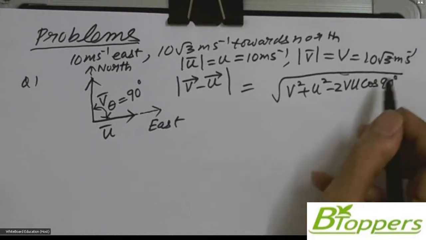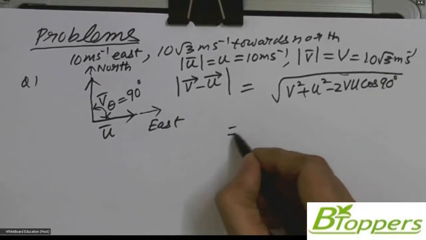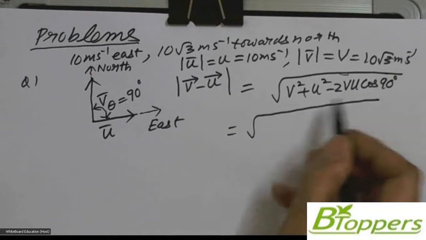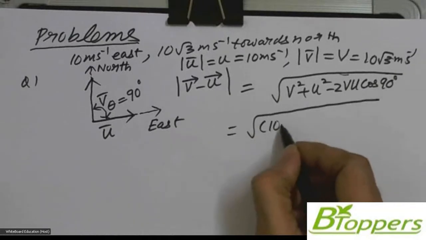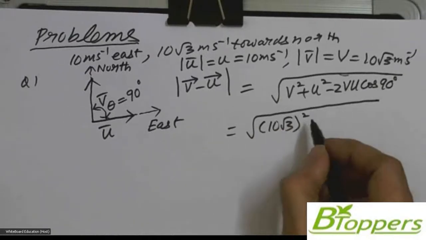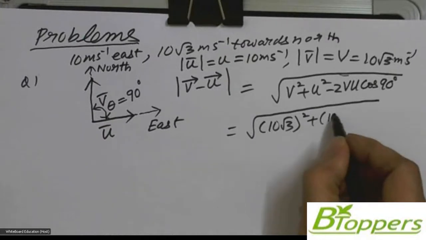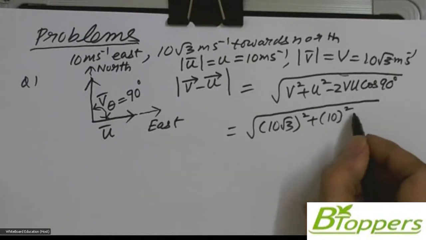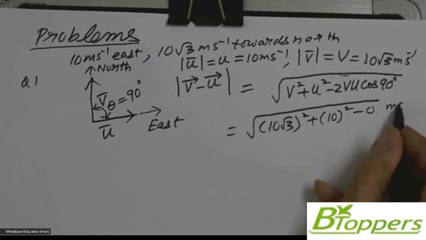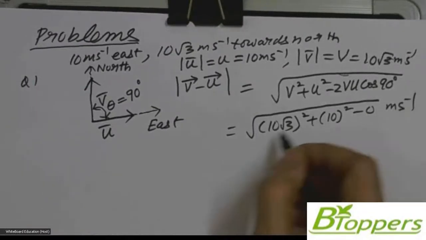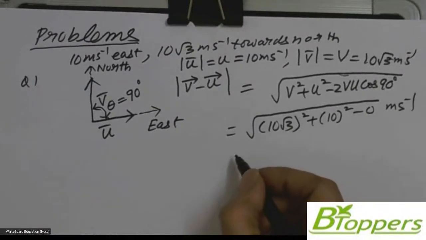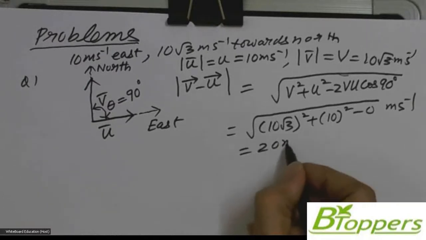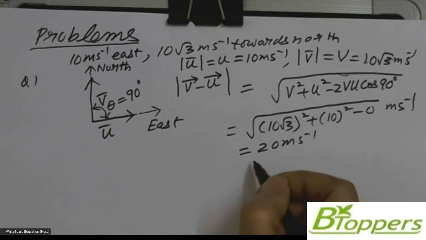Here the angle theta is 90 degrees, v equals 10 root 3 meters per second and u equals 10 meters per second. Cos 90 degrees is 0. To simplify this, you get 20 meters per second. That means the magnitude of the change in the velocity vector is 20 meters per second.